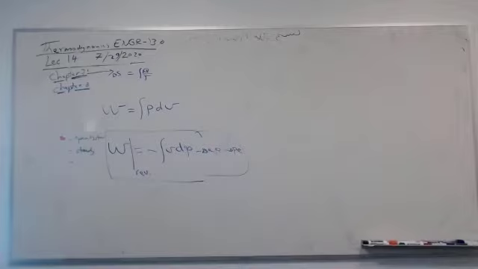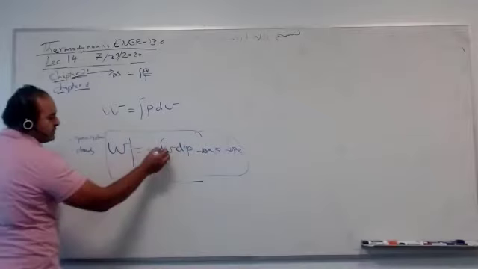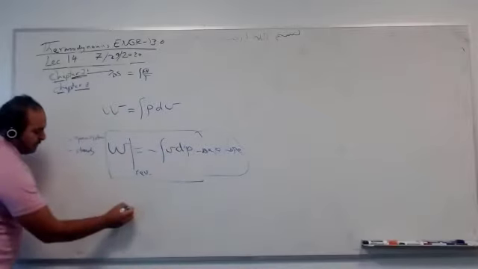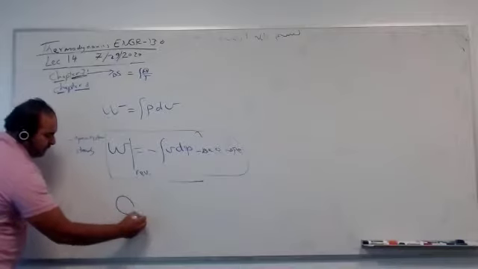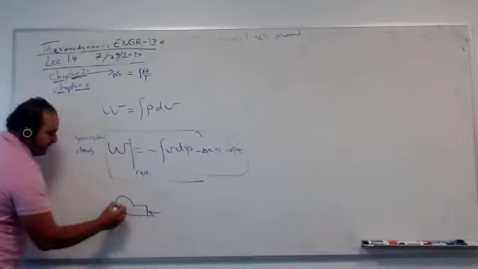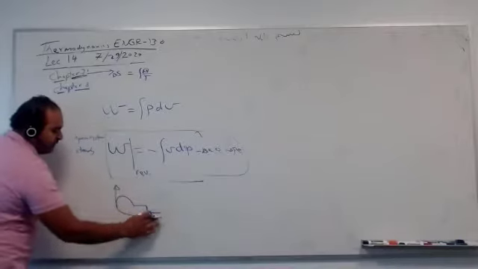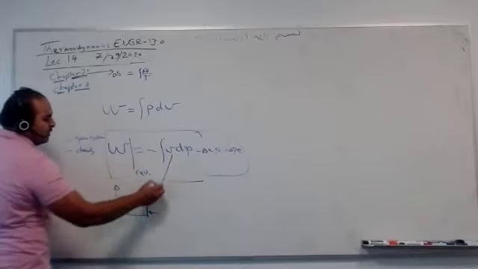So what is going on here? Here we can use this work. If the volume is constant, which is for example the case for a pump, as you will see now, the flow going in and going out of this pump is almost constant volume.